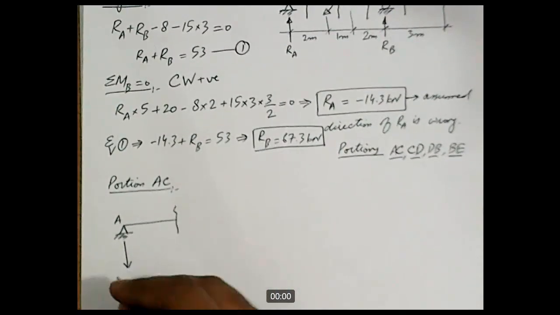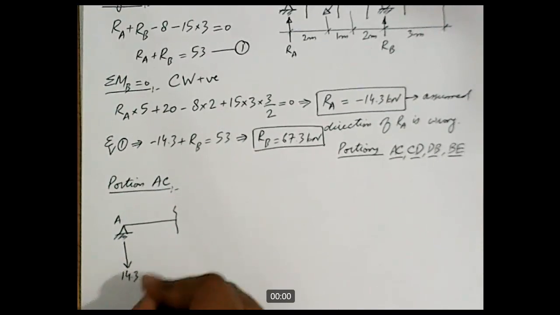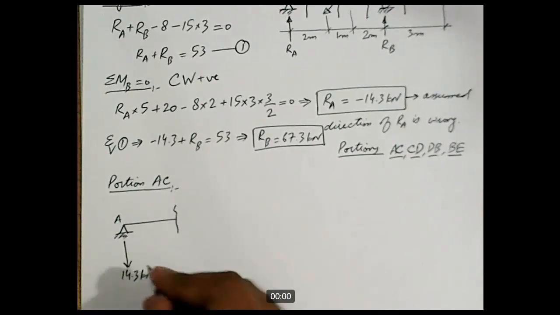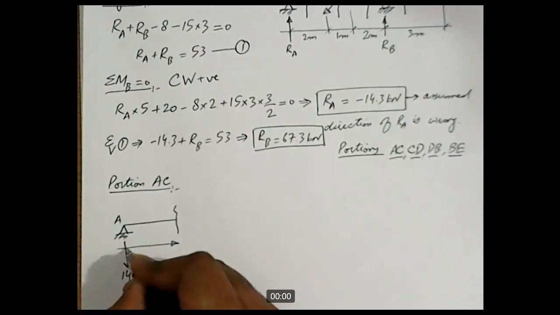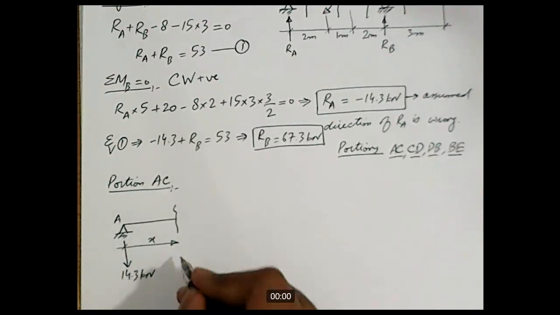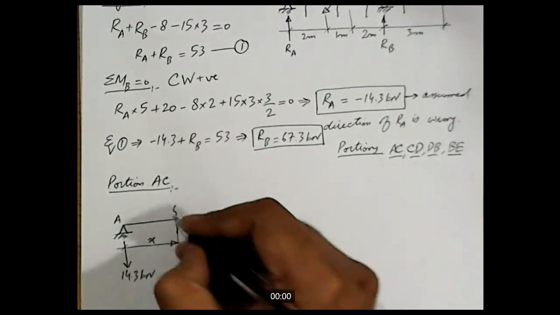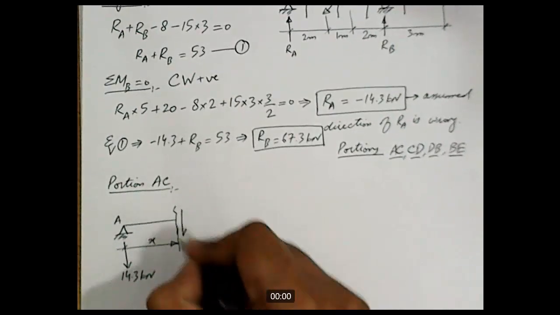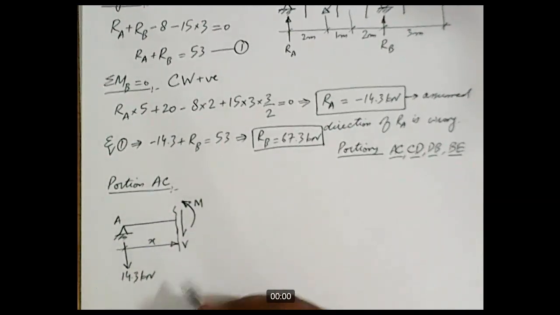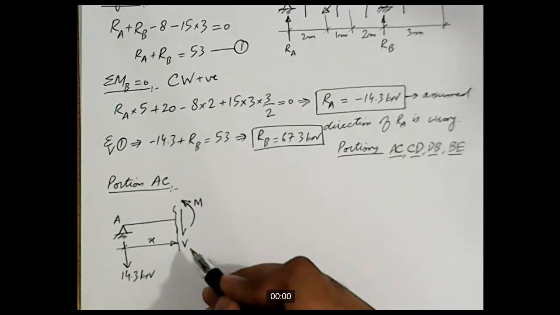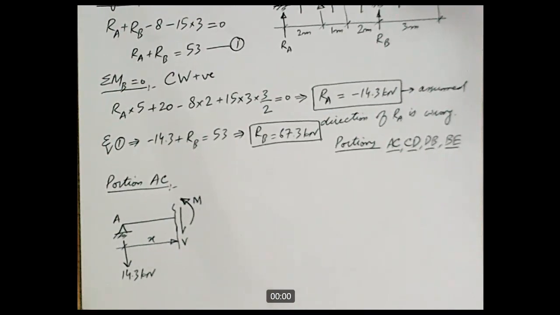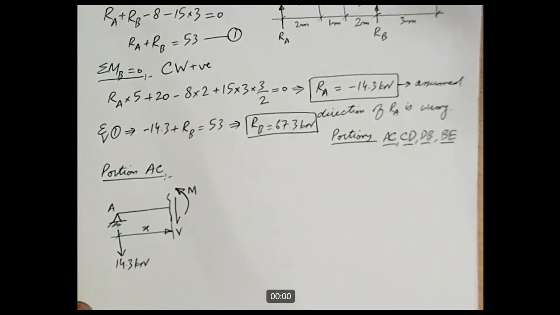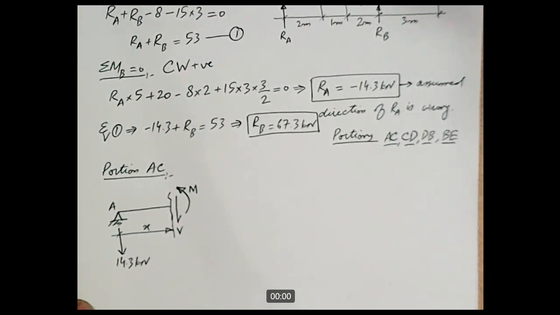Here is RA, 14.3 kilonewton, and we have this variable X running in this direction up to the section, and at the section we have exposed forces V and M. According to our convention we always take shear in the downward direction and moment in the counterclockwise direction. So I think this completes the free body diagram for this portion.